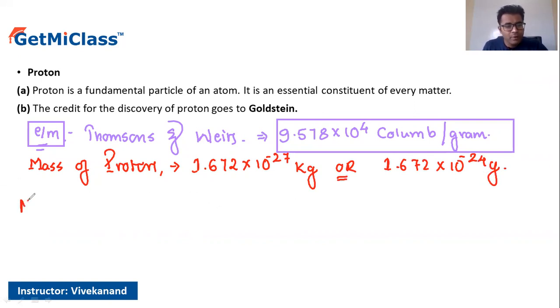Now, speaking about the gram molar mass, the molar mass is equal to the mass of the proton. What is the mass of the proton that we have?